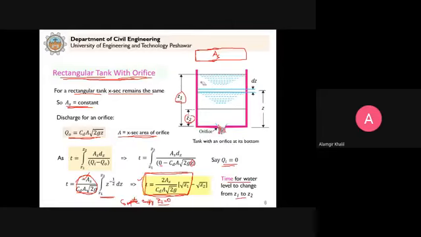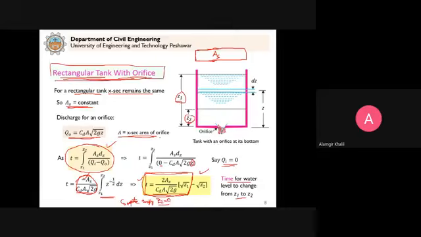Now you may have a triangular tank, a spherical tank, whatever shape you consider, or a reservoir you want to drain by a weir, etc. You can calculate the time by simplifying this general equation. This is the general equation that you need to simplify for any case to get the specific formula for that case.